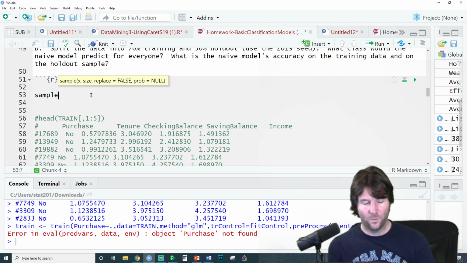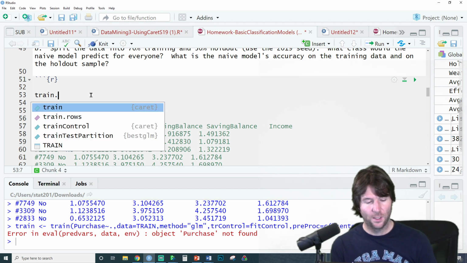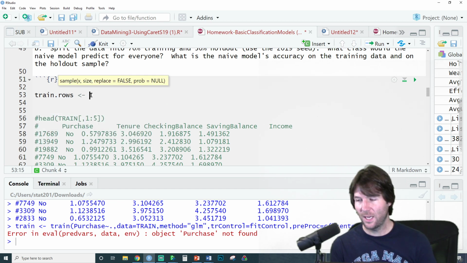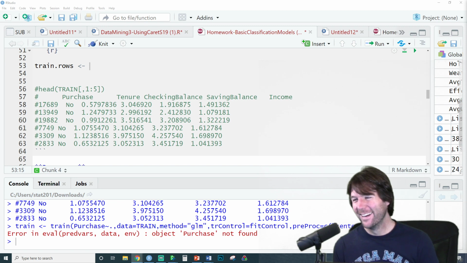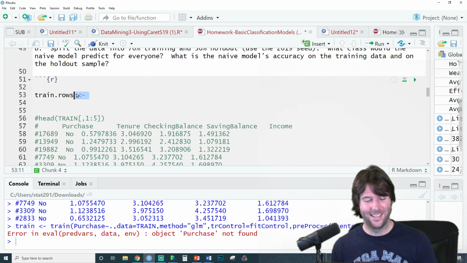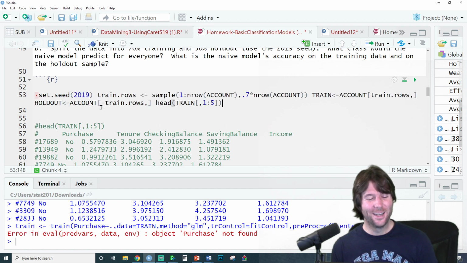So we want to take, I'll make train rows. This is not going to be the exact same thing right here. Wait, Connor. Retract that message, Connor, so that way someone's not going to be like, Brian, no. So retract that method. Yeah, thank you.